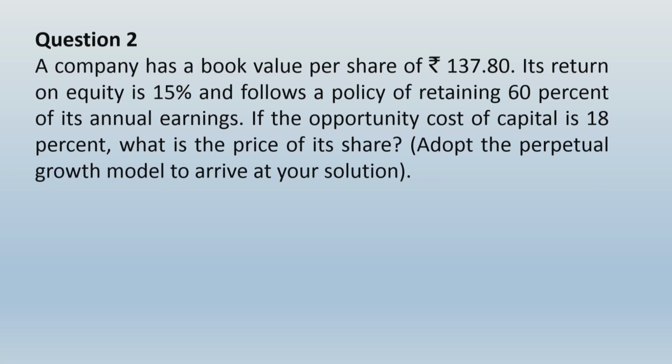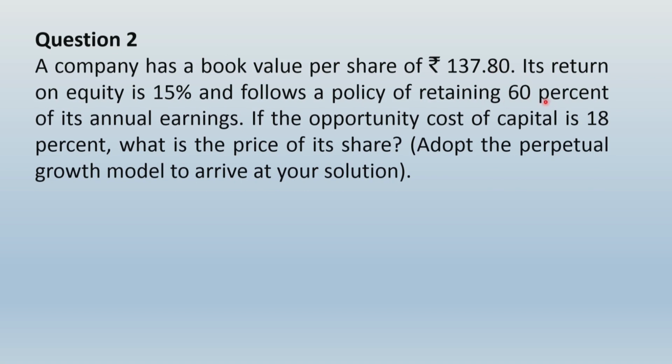So friends, what is given to us? This is the book value of equity share, correct? Now this is basically the net worth of each equity share, or you can still call it book value per share. If return on equity is 15%, 15% of this would be the expected earnings of the company.